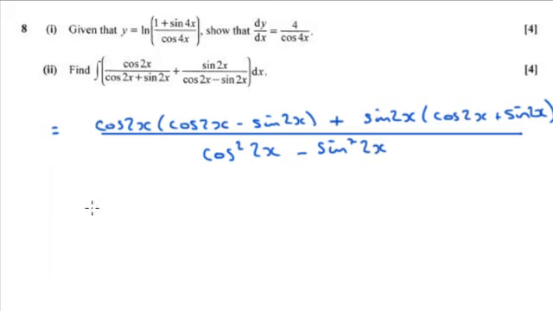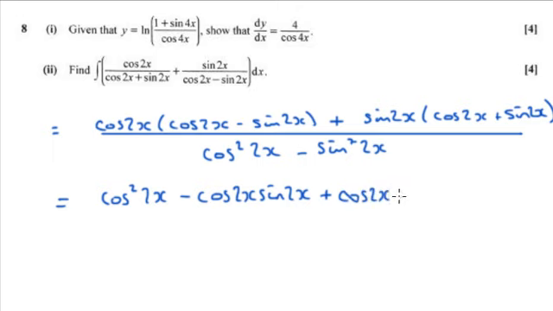So now let's tidy the top up. What have we got going on the top? We've got cos squared 2x here. We've got a minus cos 2x sine 2x. We've got a plus cos 2x sine 2x as well. So they're going to cancel. And we've got a plus sine squared 2x.